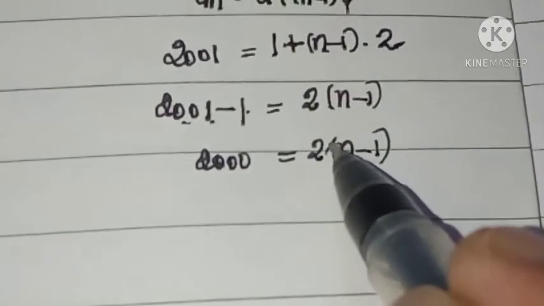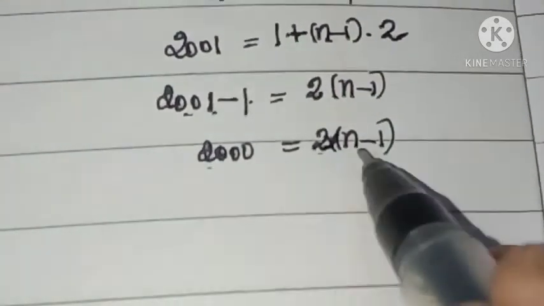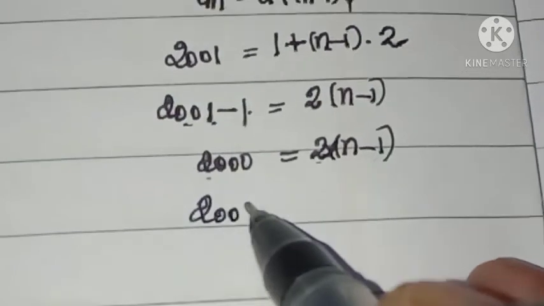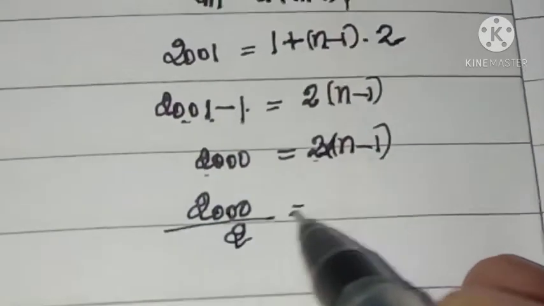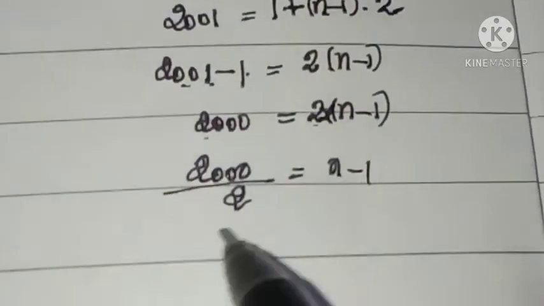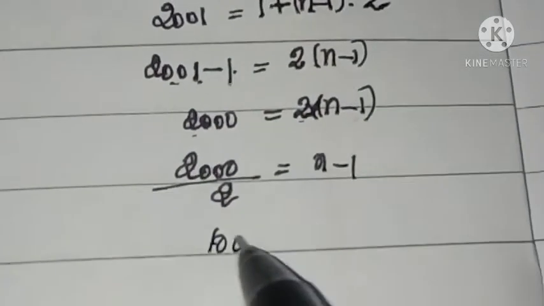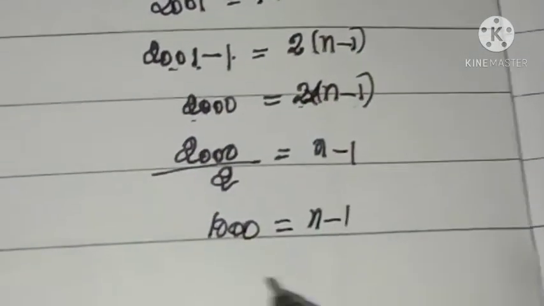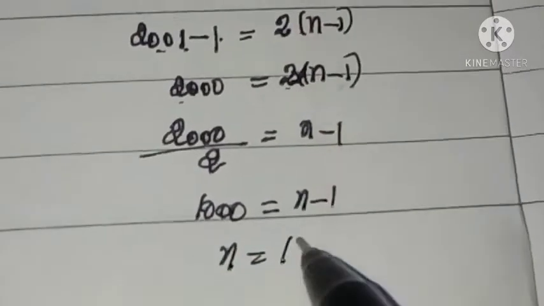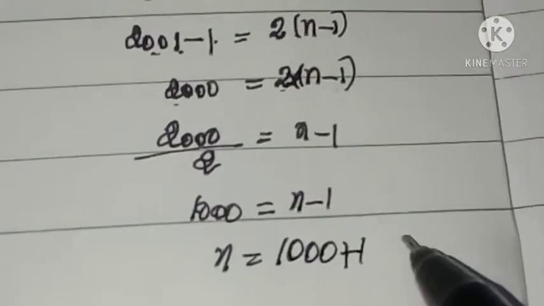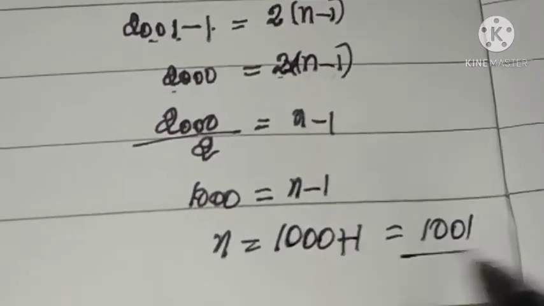In the next step, take the 2 to the other side, so multiplication becomes division. 2000 by 2 is 1000. So 1000 equals n minus 1, or n equals 1000 plus 1, which is 1001.